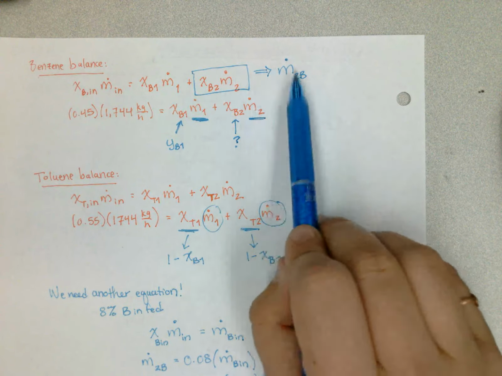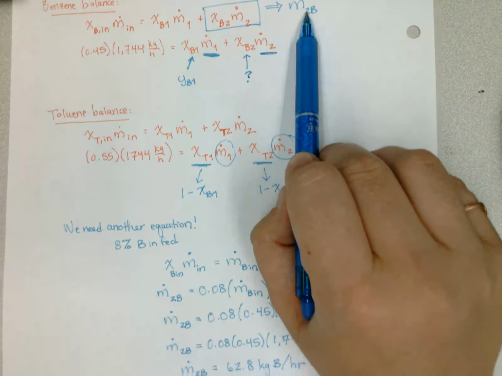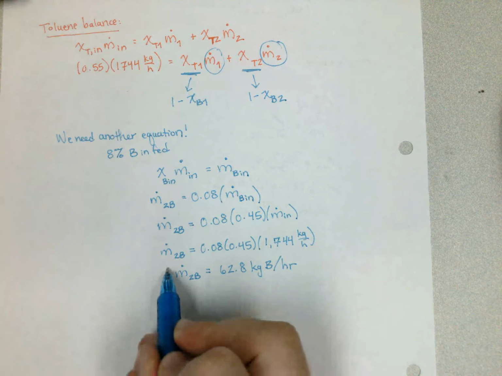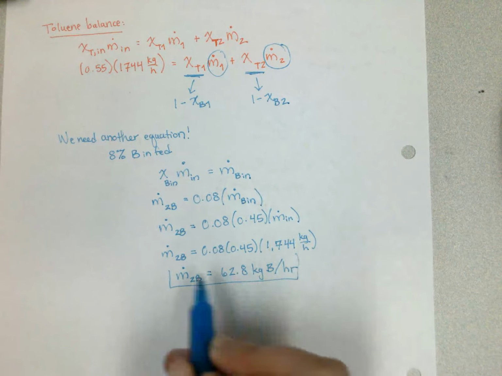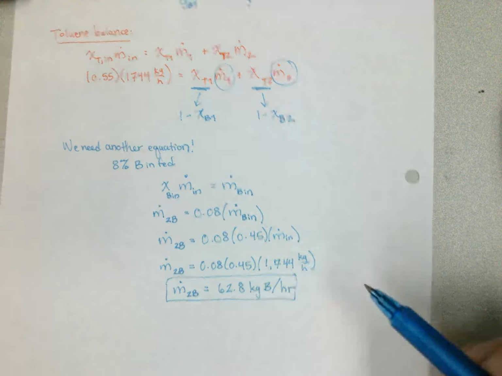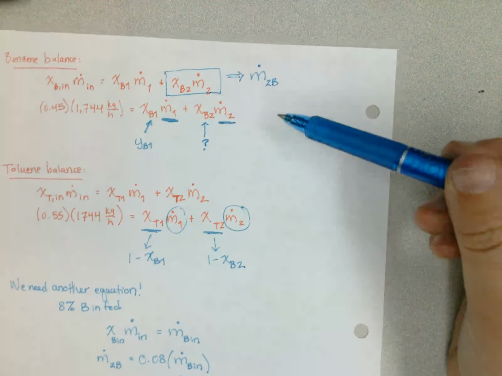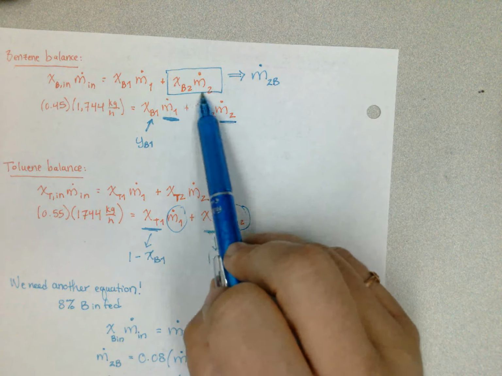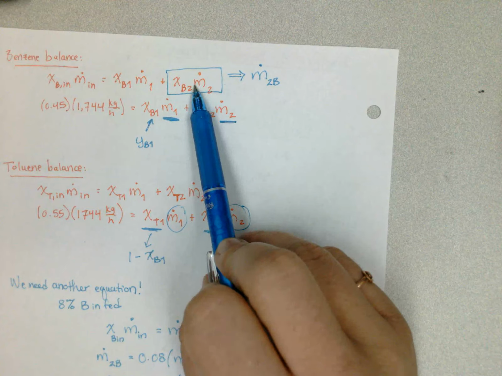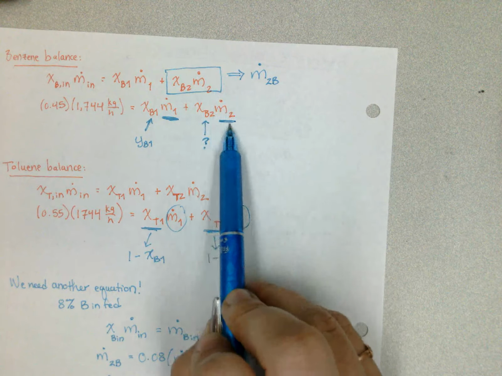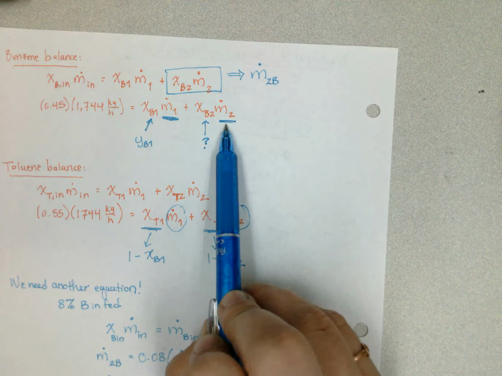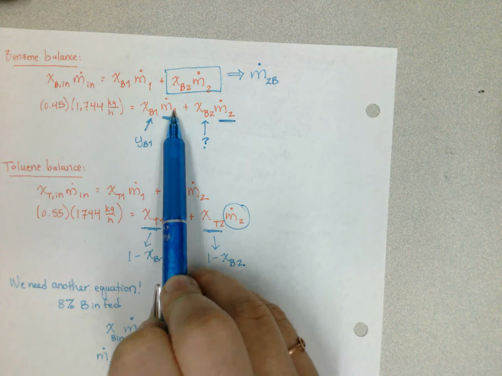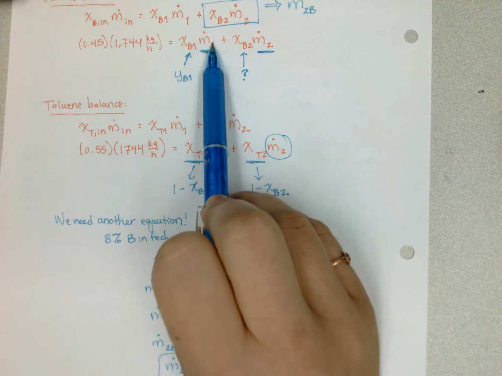These are the same things. So what we just found down here is that number. It's the component of benzene that's in that stream. So this number is equal to this whole quantity right here. So that's helpful because if we have this whole quantity right here and we knew something about this, we could find M1, right?